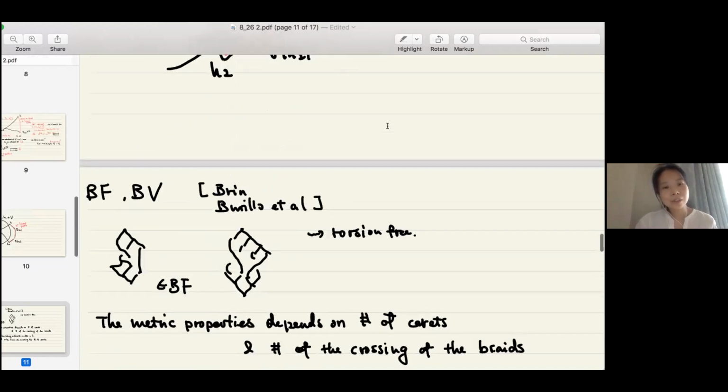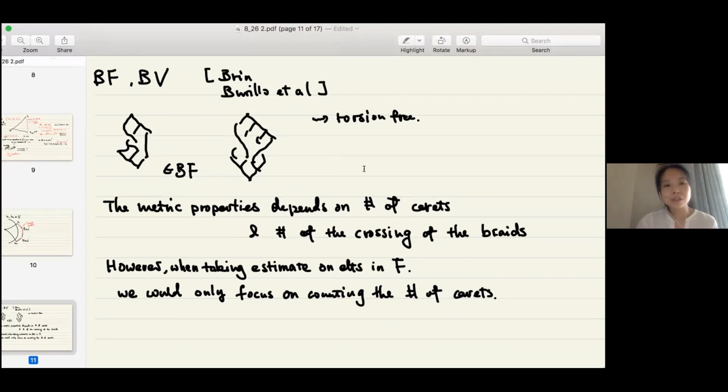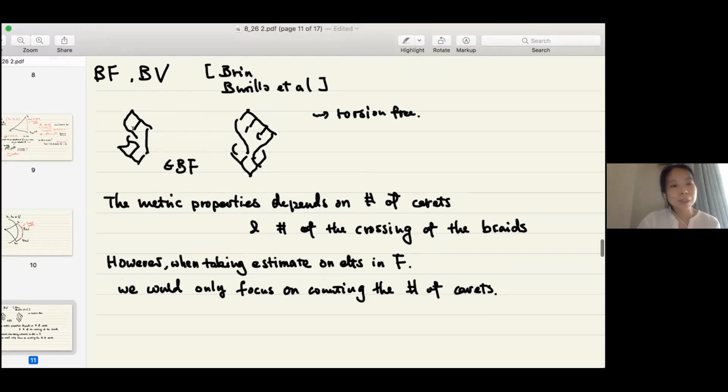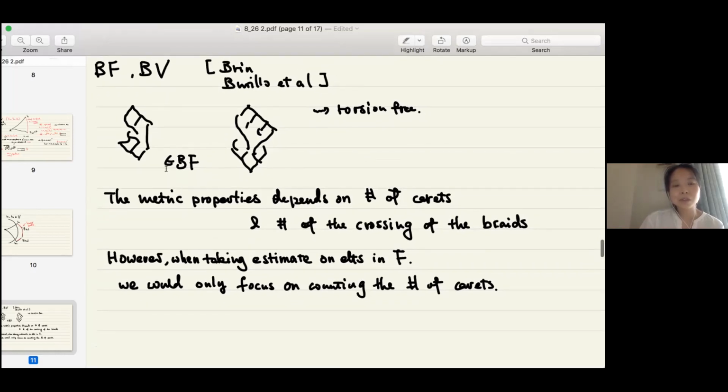So now I'm going to briefly say a few words about the braided version. For the braided Thompson's group, this is why I like to use the tree pair representation here, because for the braided version, we're just putting the braids between the source tree and the target tree in the tree pair representation to represent an element. There are two versions of braided Thompson's group.